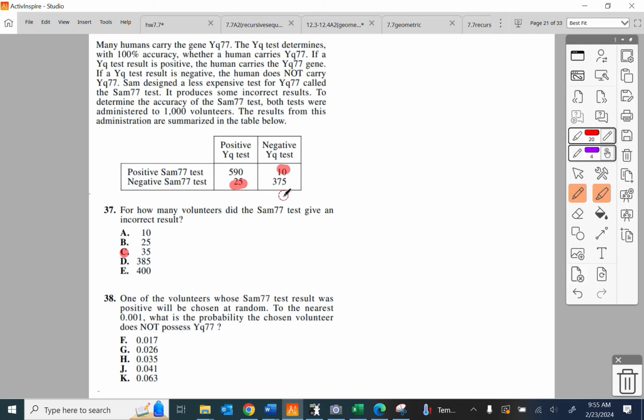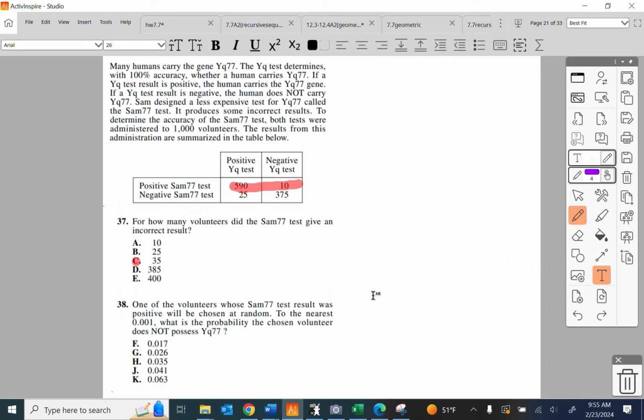Anyways, kind of lost my place there. So we're going to grab Sam's positive tests. Sam's positive test would be this row right here. And according to Sam's positive test, there were 600 total people that tested positive by SAM77. Now, what is the probability that they do not actually possess it?